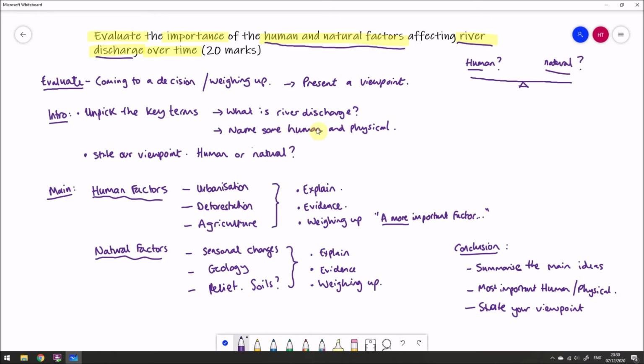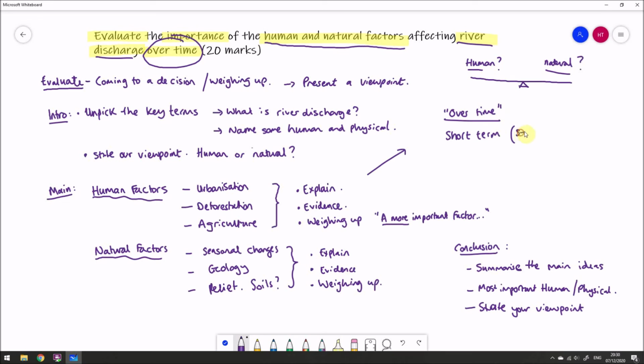The other thing that's really important within this question is this part here. Okay, evaluate the importance of human and natural factors affecting river discharge over time. Now it's very easy to write an answer about this bit, about the human and natural factors affecting discharge, but you want to think about that whole point of over time. Okay, so you may also consider, and I would do this as part of the main body of your answer, short-term timescales.